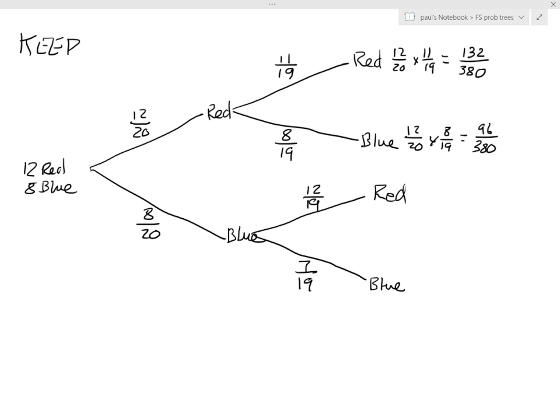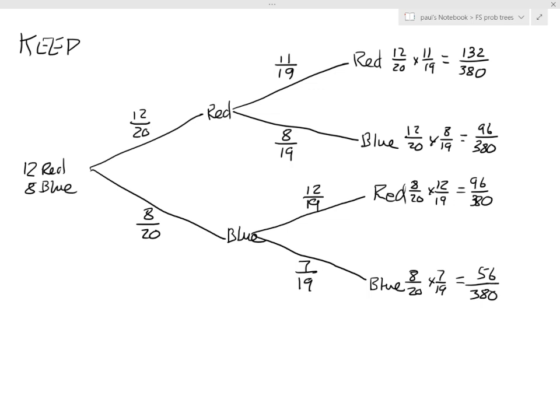We know this is going to be the same, but we'll do it anyway. 8 over 20 times 12 over 19. That's 96 over 380. And this one is 8 over 20 times 7 over 19. And 8 sevens are 56 over 380.